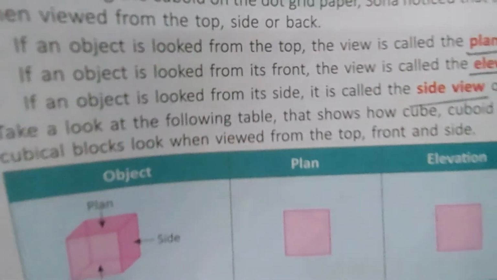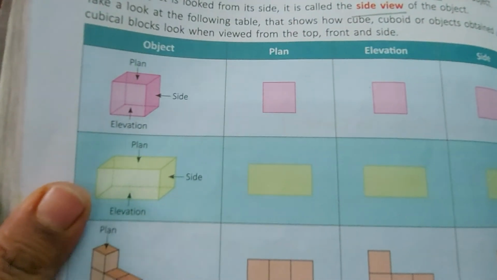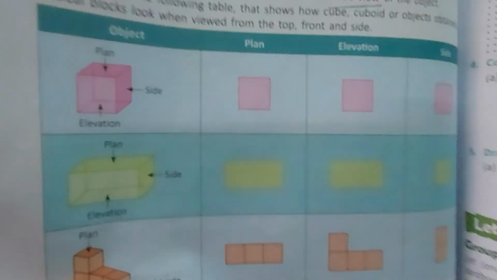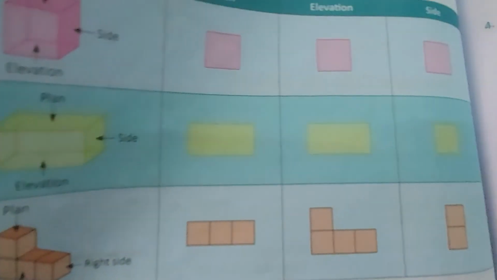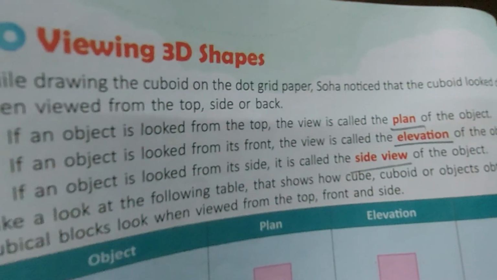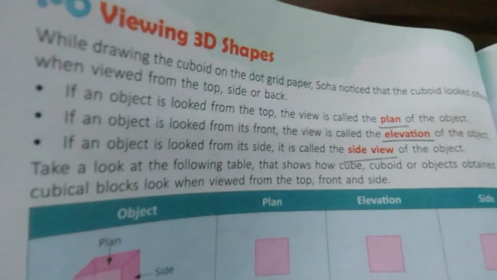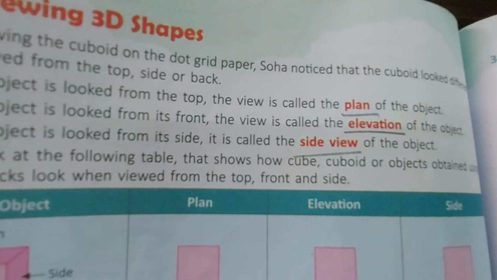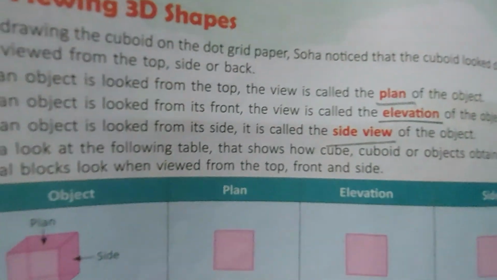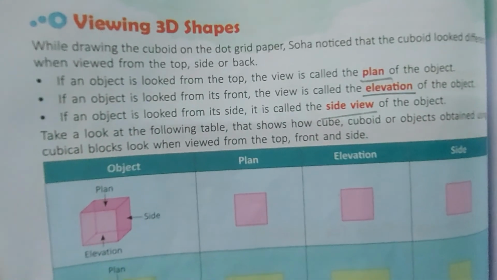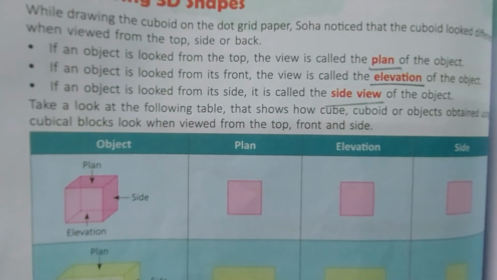Next, we will view the 3D shapes. How to view these shapes? What are the different angles from which we can view these shapes? If an object is looked at from the top, that view is called the plan of the object. We have many times heard these terms.